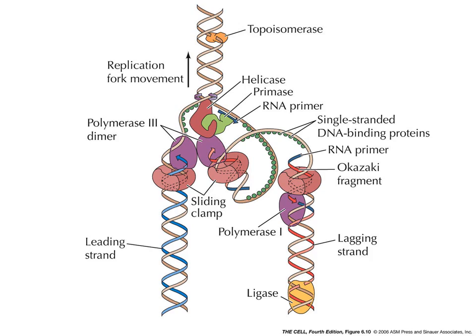So another picture: topoisomerase enzymes are going to unwind the supercoils. Our helicase is going to unwind our double-stranded helix. The primase is going to come in and generate an RNA primer. Our single-stranded binding proteins are going to hold those two single-stranded DNAs apart.